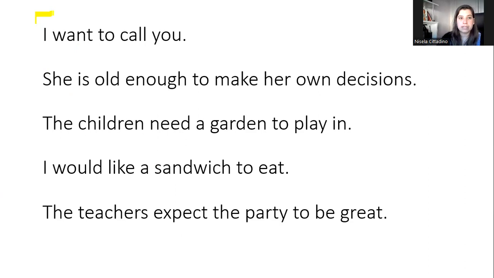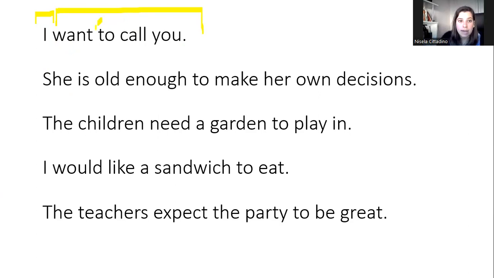You will find a subject and a predicate. I is the subject, want to call you is the predicate. What is important for you to do when analyzing these sentences is finding the non-finite to infinitive clause. How do I find it?